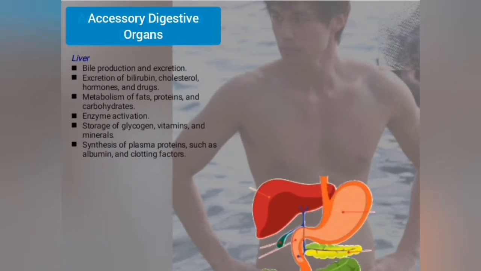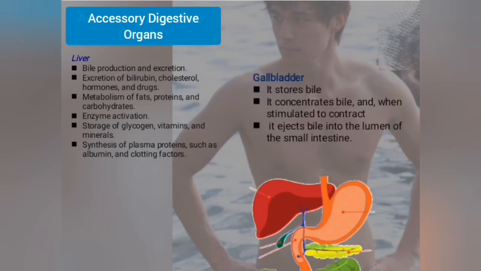The liver is also an accessory in the digestive system. And the functions of the liver are the production and excretion of bile, excretion of bilirubin, cholesterol, hormones and drugs, metabolism of fats, proteins, and carbohydrates, enzyme activation, storage of glycogen, vitamins, and minerals, synthesis of plasma proteins such as albumin and protein factors.